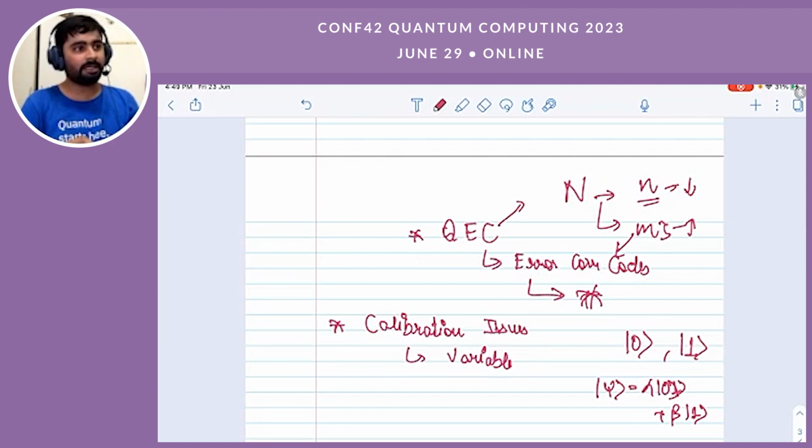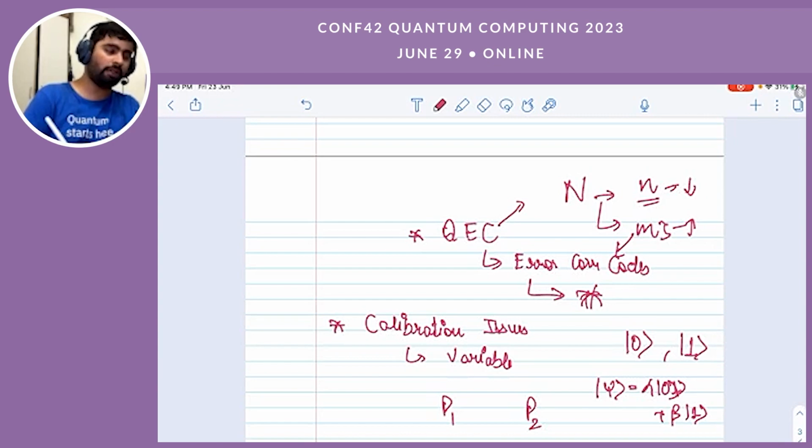So that physical particle again will have its own limitations. But how do we ensure that, say we have different particles, all those particles behave exactly the same? Say I tell you that this P1 particle is a qubit, and this P2 particle also behaves like a qubit. But how do I make sure that these two are calibrated and don't show any kind of variability?